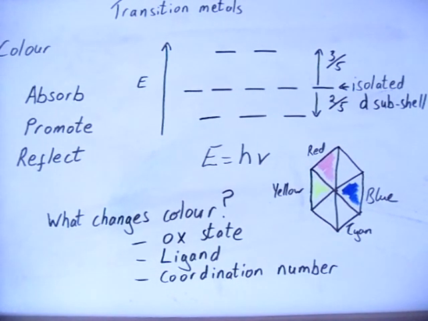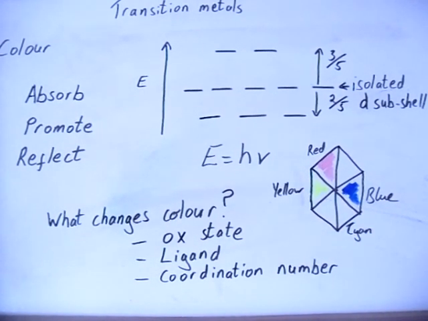Now what changes colour? The oxidation state. Say we've got a metal which goes from 2+ to 3+ because it's been oxidised by air, something like that, and it's had an electron ripped from it, then that will change the colour. Ligands are the big ones. If you change from water to chloride, or from chloride ion to a cyanide ion, then altering the ligands like that will change the colour big time.